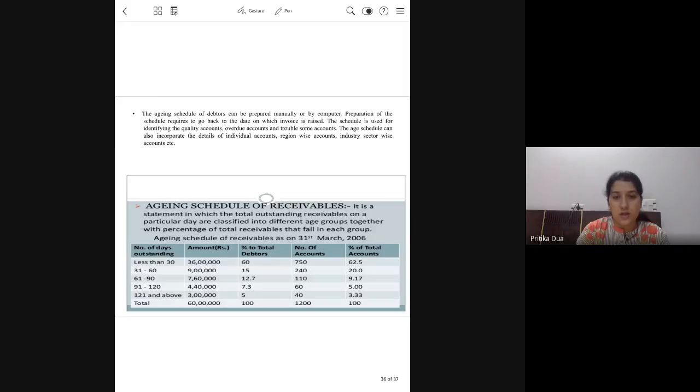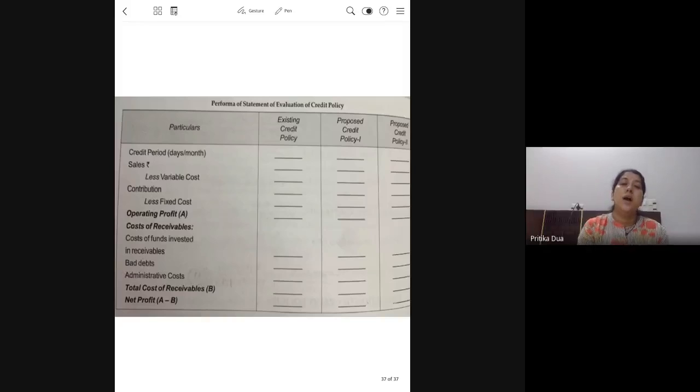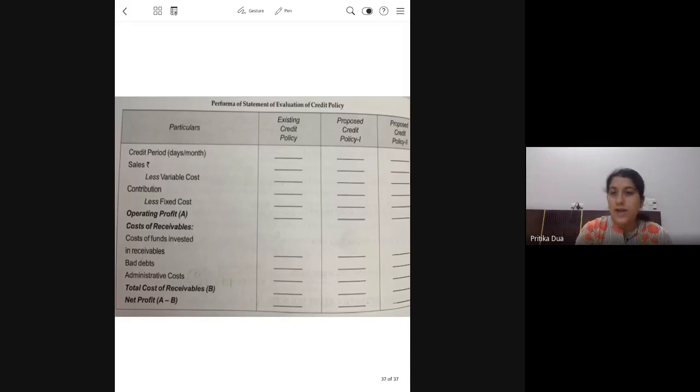Okay, so next we move to the practical part, which is on evaluation of credit policy. Suppose you have some existing credit policy and the firm wants to change that credit policy. How do you evaluate whether to go ahead with this change or not?